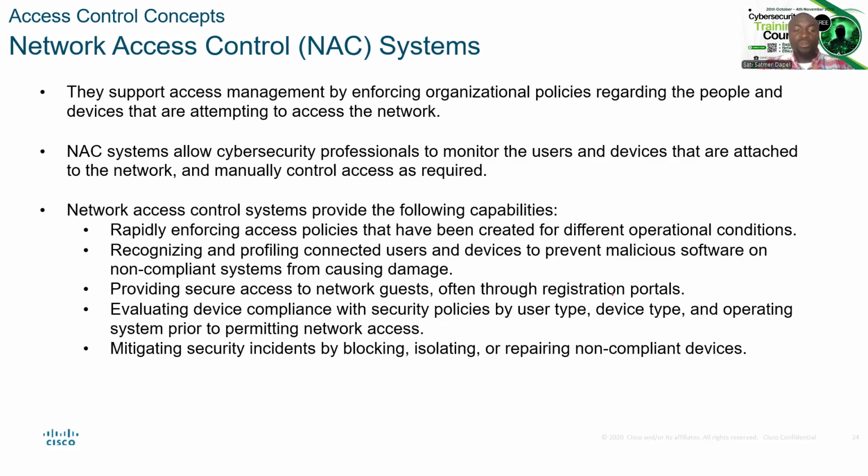Network access control systems provide the following capabilities: rapidly enforcing access policies that have been created for different operational conditions, recognizing and profiling connected users and devices to prevent malicious software on non-compliant systems, providing secure access to network guests, often through registration portals, evaluating device compliance with security policies by user type, device, and operating system, and then mitigating security incidents by blocking, isolating, or repairing non-compliant devices. Okay?